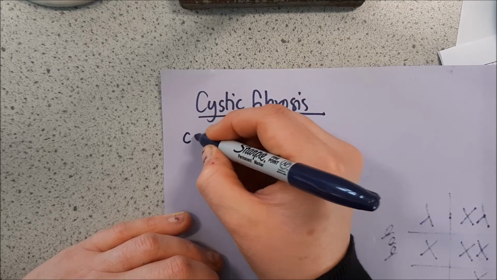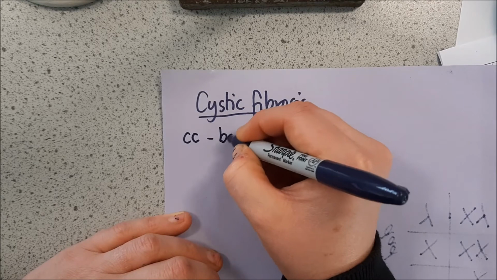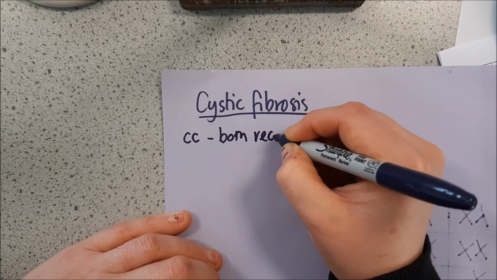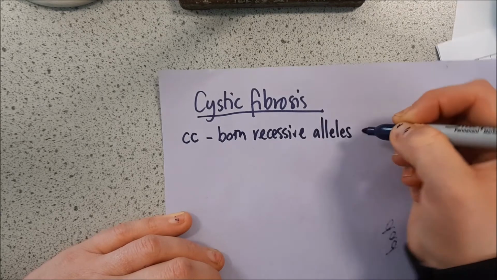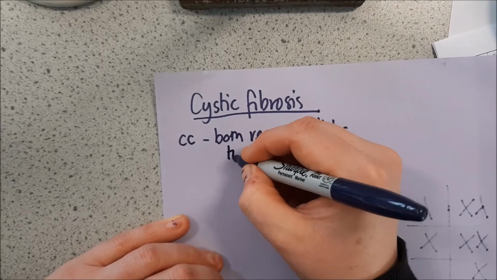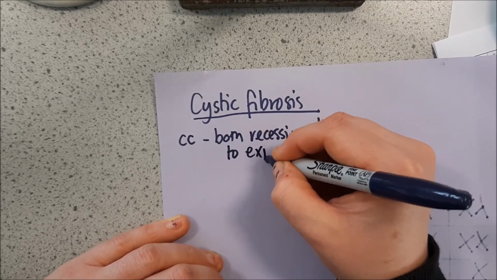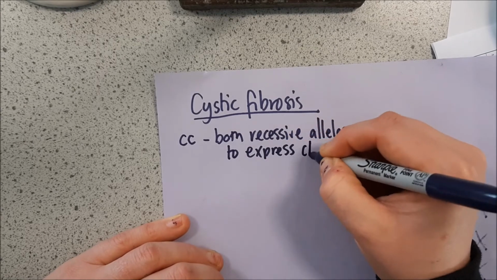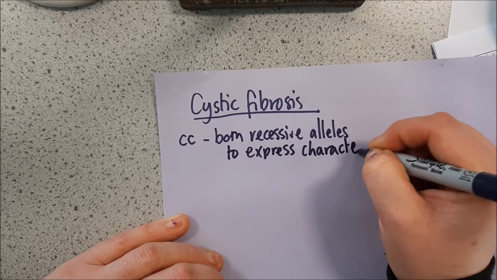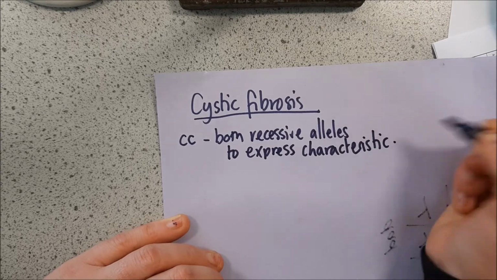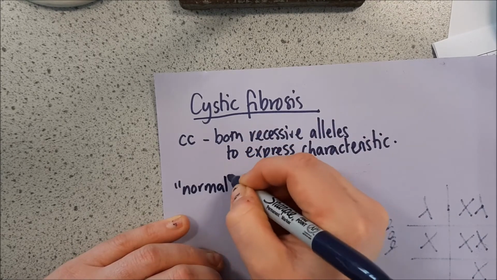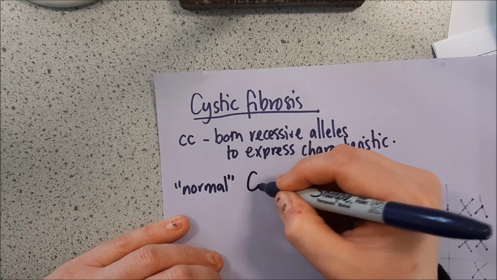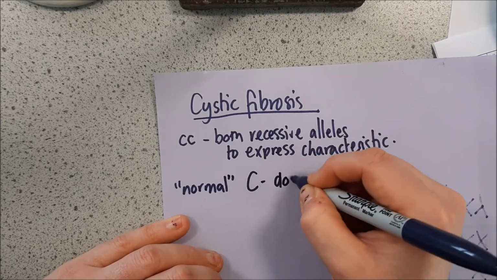condition, which means that you have to have both recessive alleles to express the characteristic. Now we say, I'm going to put in quote, normal. So if you are normal without cystic fibrosis, that is a dominant gene.